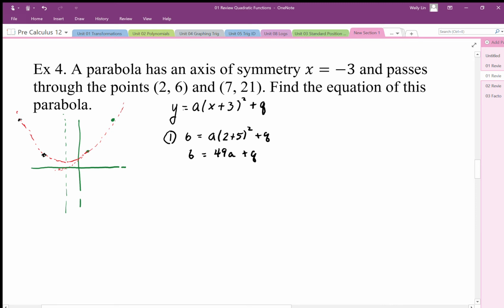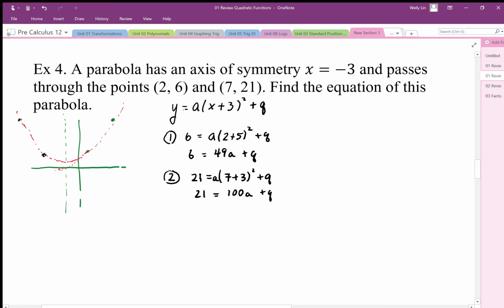Okay, so I just need one other relationship, and I'll get that by plugging in the other coordinate: y is 21 when x is equal to 7. Simplifying this, I get 100a plus q.